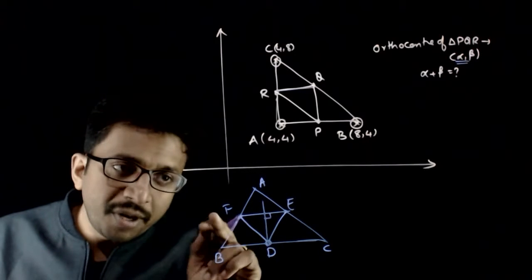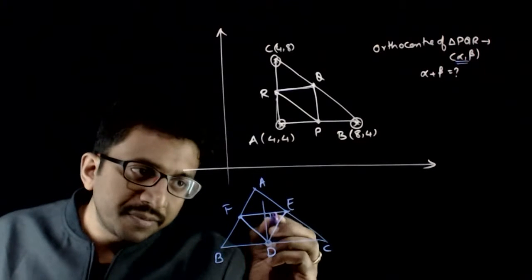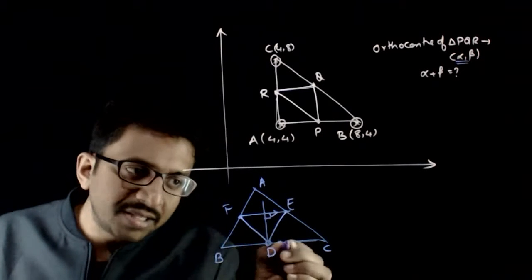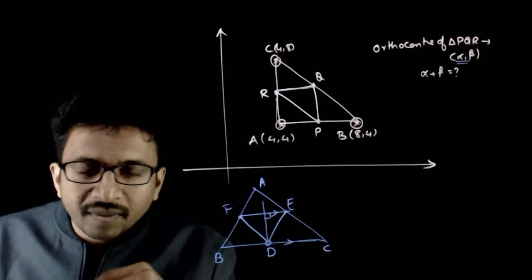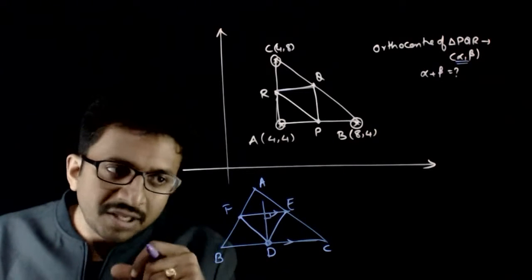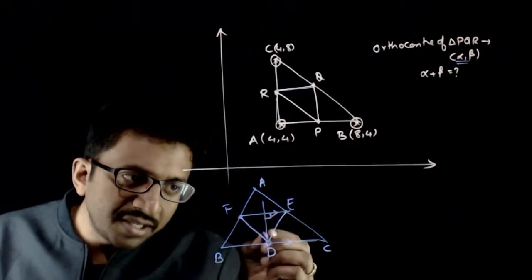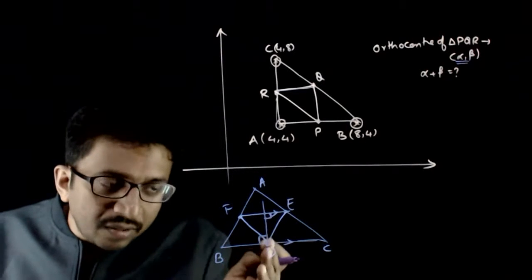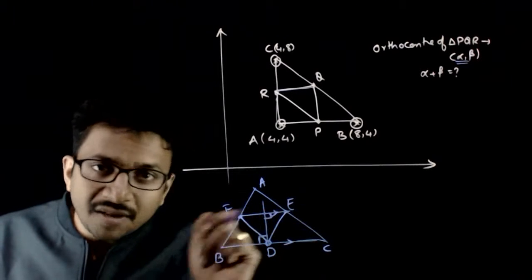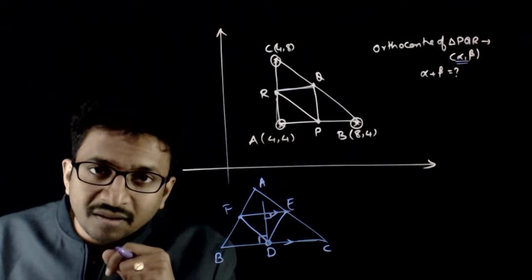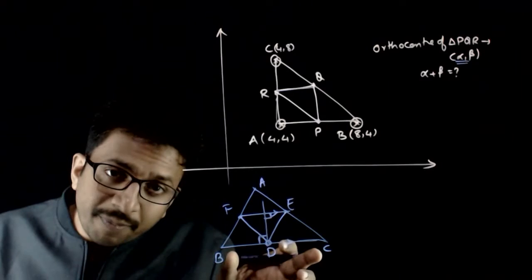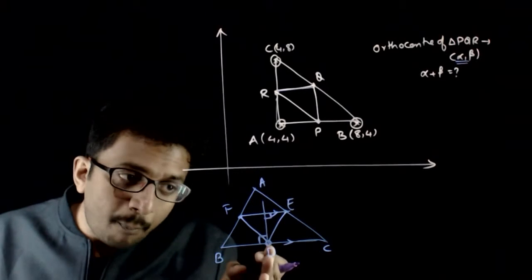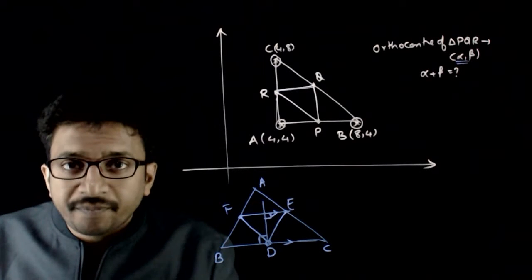But from the midpoint theorem, because E and F are midpoints, EF is parallel to BC. So if this angle is 90 degrees, this angle should also be equal to 90 degrees. Now the altitude of the triangle DEF is a line perpendicular to the side BC and passing through the midpoint of BC.